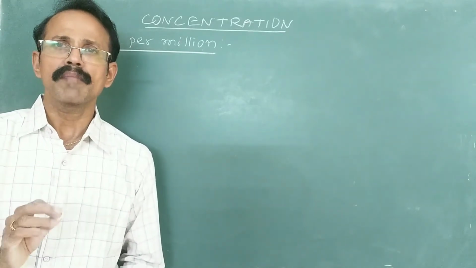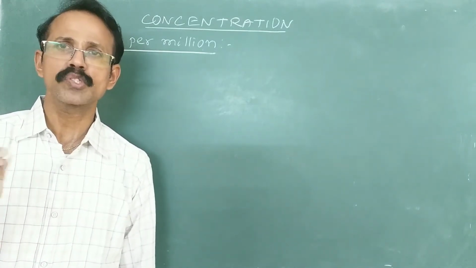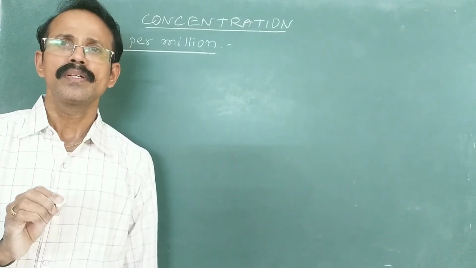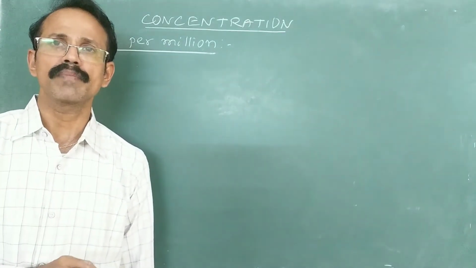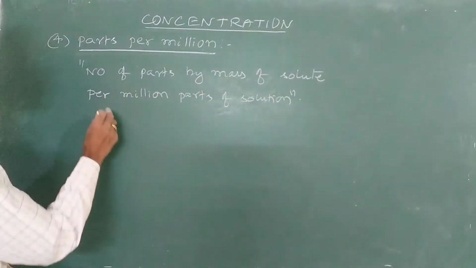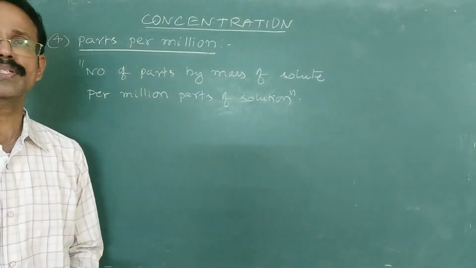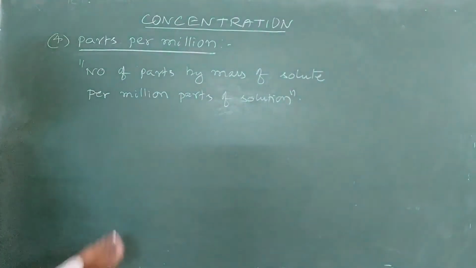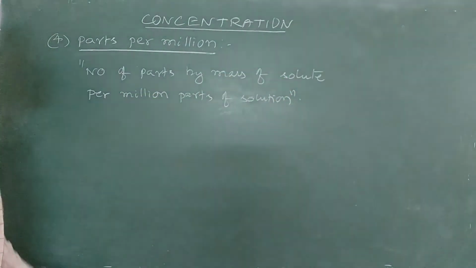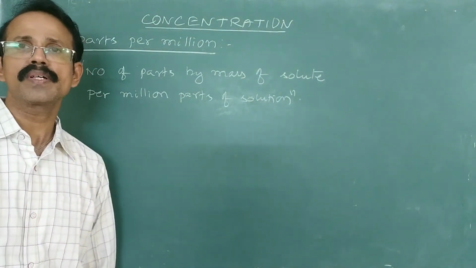Parts per million means the number of parts by mass of solute present in a million parts by mass of the solution. Similarly, you can express the concentration of solvent also: the number of parts by mass of solvent present per million parts of solution becomes the ppm concentration of solvent.